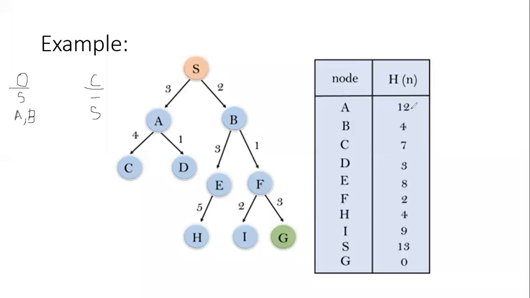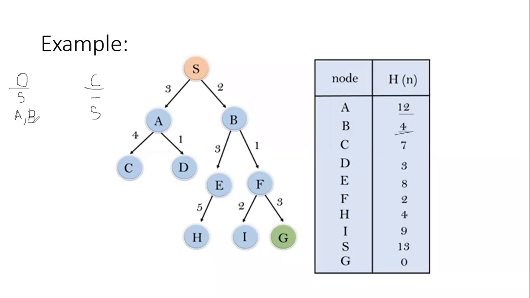Our choice will be based on the heuristic estimate. For A, we have 12, and for B, the estimate is 4. So B is more promising.